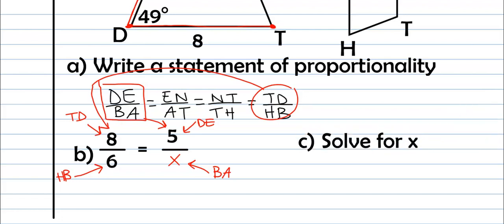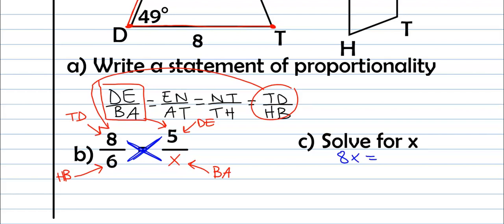Okay, and then the last thing is to solve for X. Well, the good news is we've already set up a ratio. We did that in part B, so all we need to do is use our proportion, what we know about them, our skills, and solve it. So we're going to cross multiply. So 8 times x is 8x.